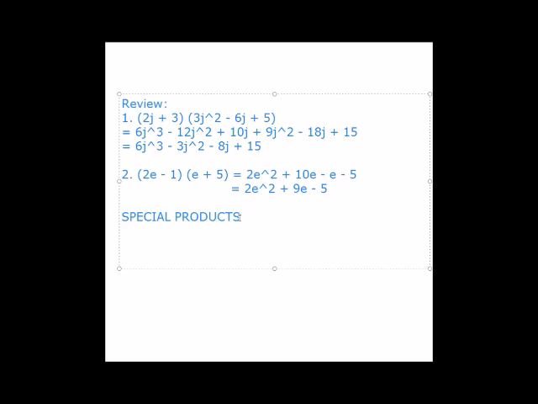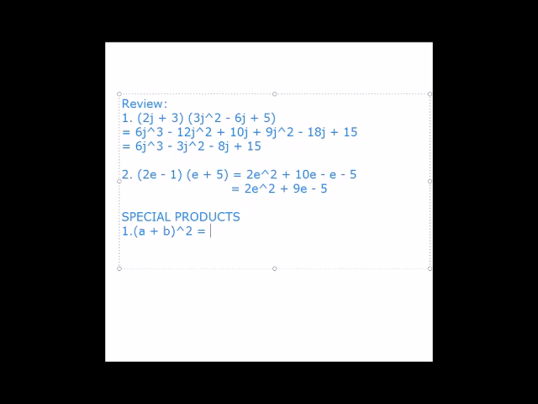Okay? Let us have first (a plus b) squared. Let's start with this. (a plus b) squared. Okay, so remember that if we have 3 squared, it means 3 times 3.